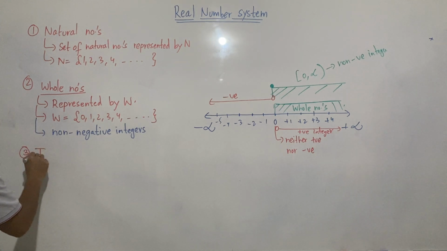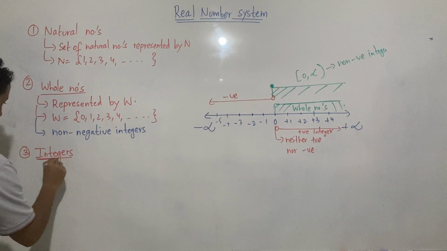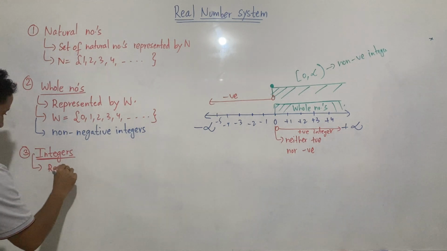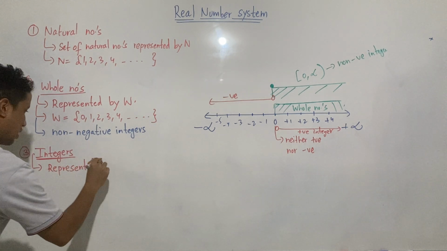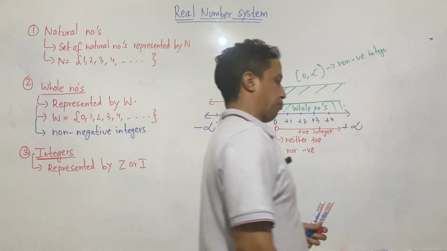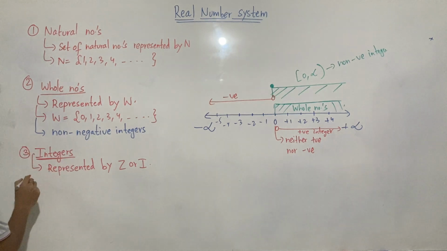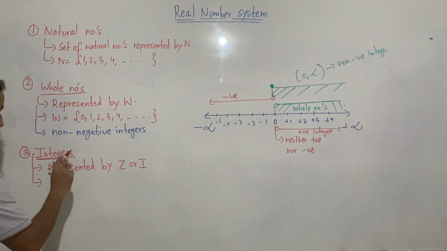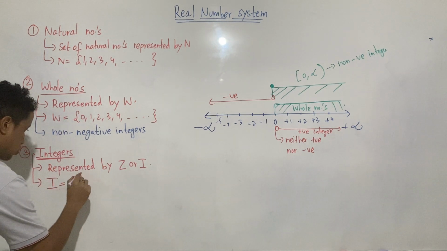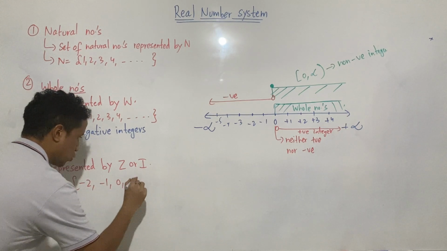Then the next concept is integers. Everyone knows that the set of integers is represented by Z or I. Here I can write I is equal to minus 2, minus 1, 0, plus 1, plus 2.